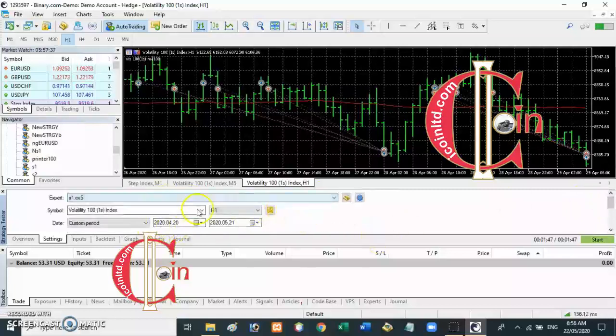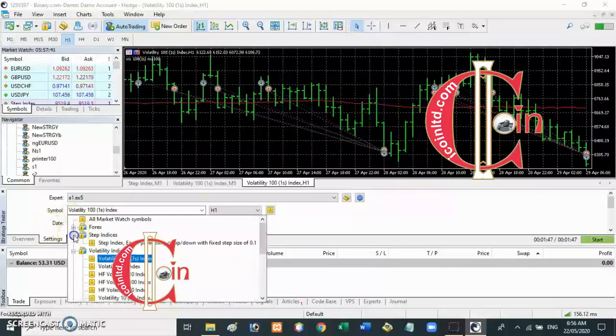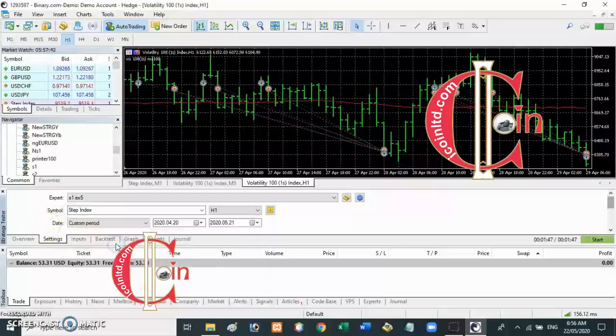So this one will go for Step Index. Every robot has where it functions very well, and you cannot use this S1 on Volatility 100.